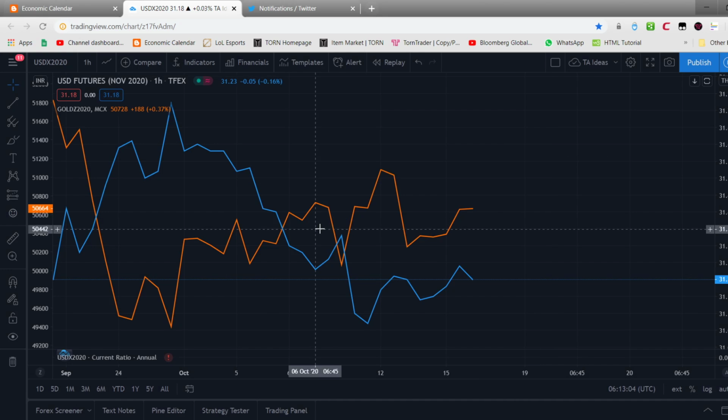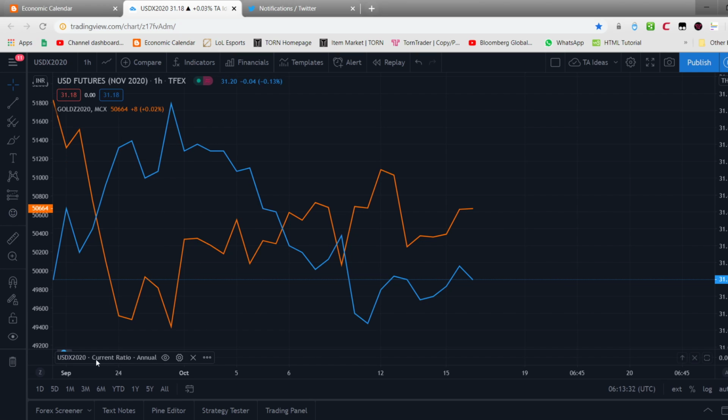I don't use TradingView often, but they have this compare function at the top there that's really helpful to show people correlations. So if you look at this blue line versus this orange line, one of them is gold and the other is the dollar index.